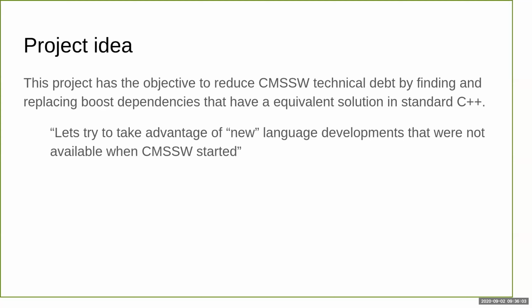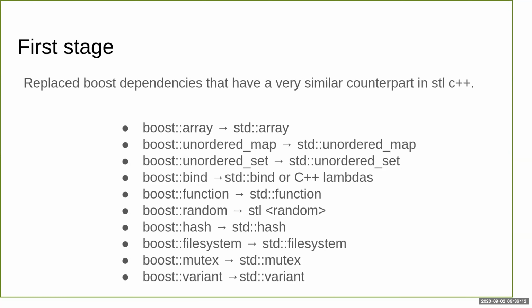So the idea of the project was to find and replace these equivalent solutions. The first stage of the project was to find and replace dependencies that had a very similar counterpart in standard C++. For example, boost array, right now in C++, we have std array.